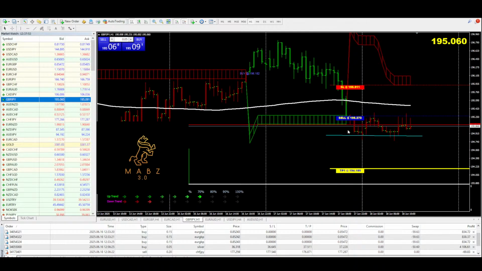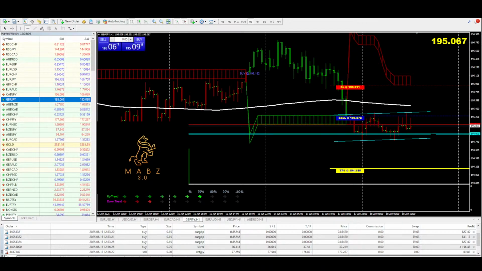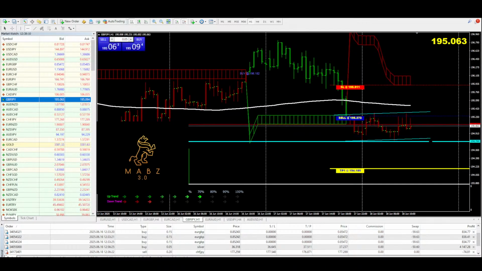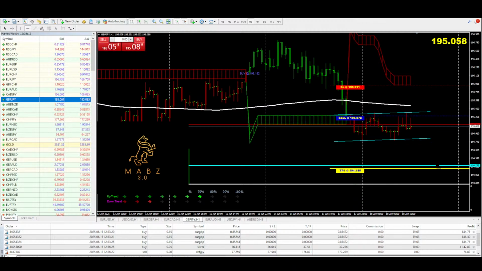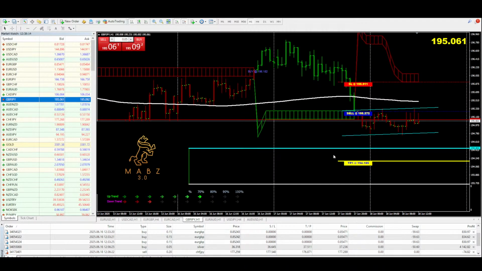If I put this line right here, I see a support level here, and a resistance level here. So there's a bit of ranging motion. What I'd do is put a sell limit or sell trade right here, small lot size, and then a sell stop down here, and target TP1.